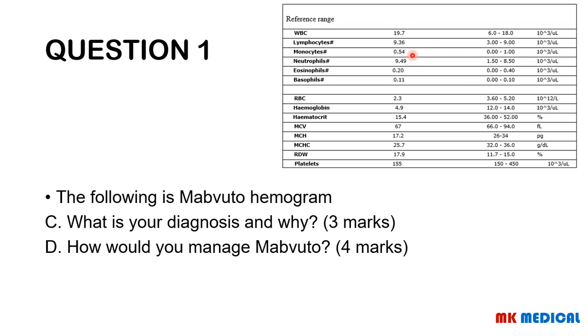Lymphocytes 9.36, monocytes 0.54, neutrophils 9.49, eosinophils 0.20, basophils 0.11, RBC 2.3, hemoglobin 4.9, hematocrit 15.4, MCV 67, MCH 17.2, MCHC 25.7, RDW 17.9, platelets 155. Part C. What is your diagnosis and why? How would you manage Mavuto?